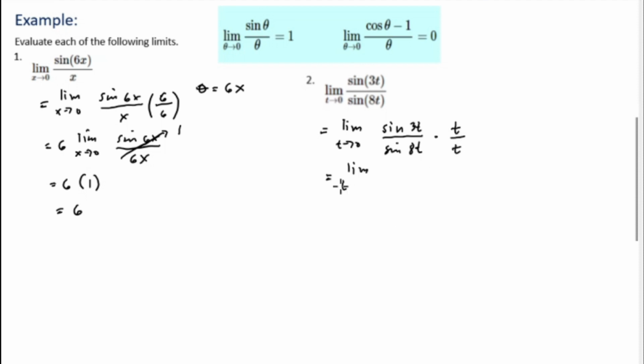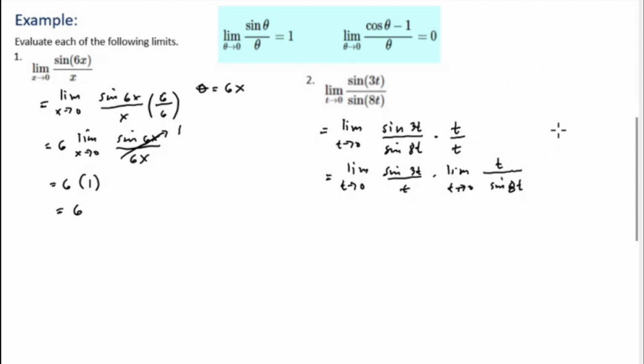Simplify. So limit of t approaches 0 of sine 3t, and we divide by the first t for the denominator, and the limit of t approaches 0, where the numerator is t and the denominator is sine 8t.